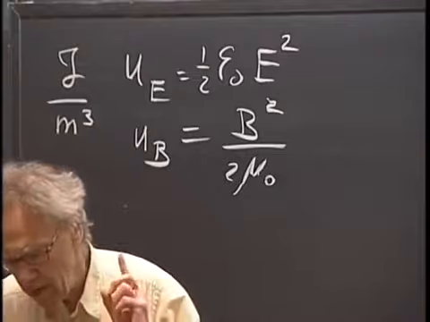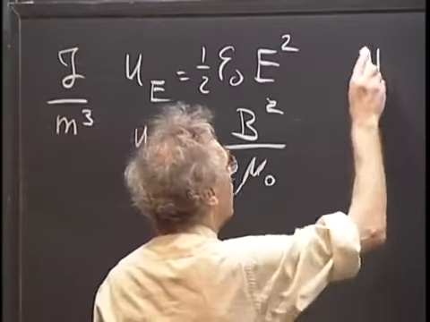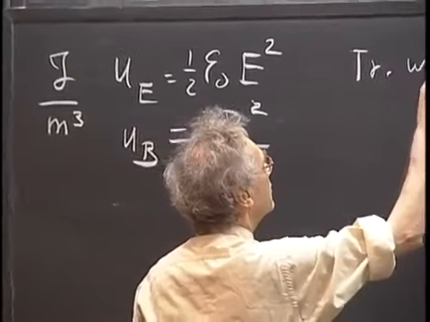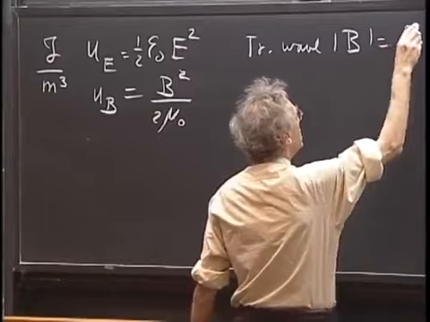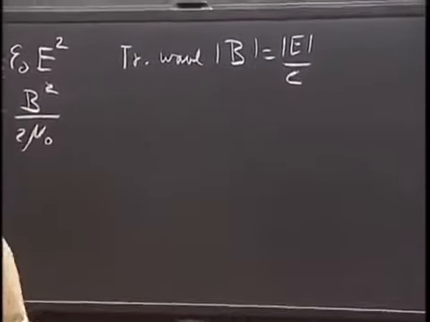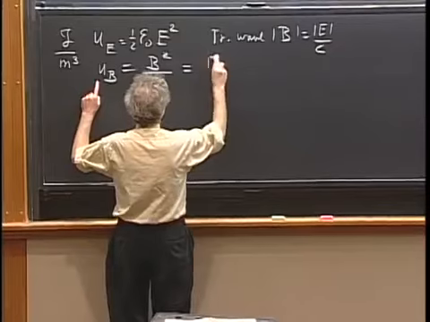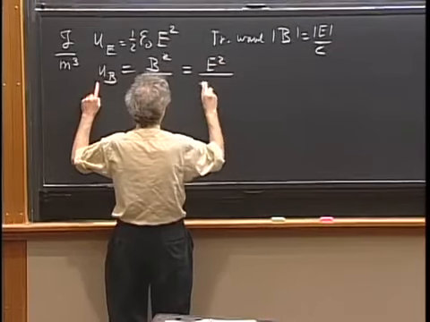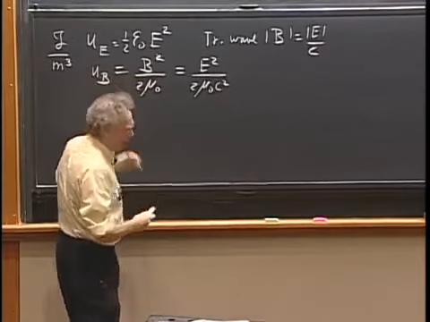Now a traveling EM wave, a traveling electromagnetic wave. We know that the magnitude of B is the magnitude of E at any moment in time divided by c. So I can write this as E squared divided by 2 mu 0 times c squared.